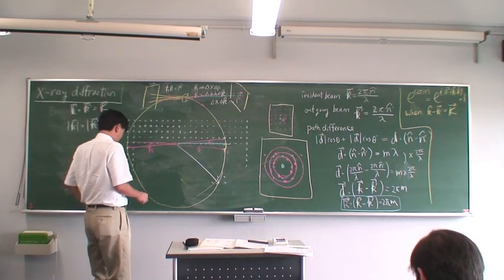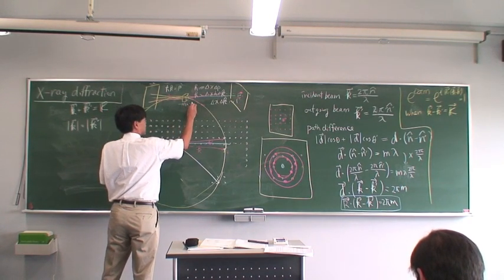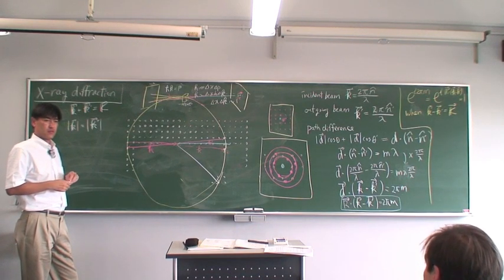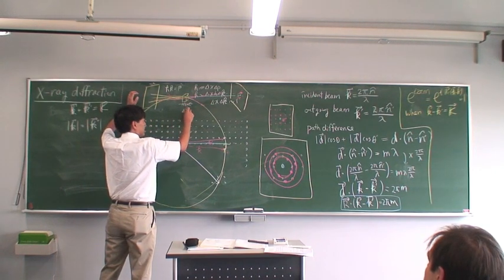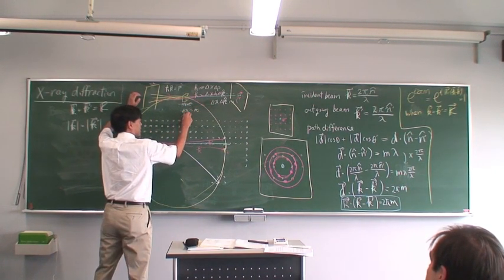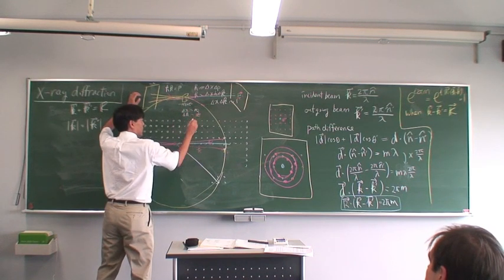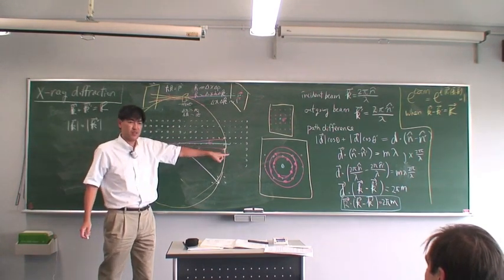So this is delta x. For an infinite crystal, delta x is infinity, so delta k becomes infinitely small, right? So that's why they become points.